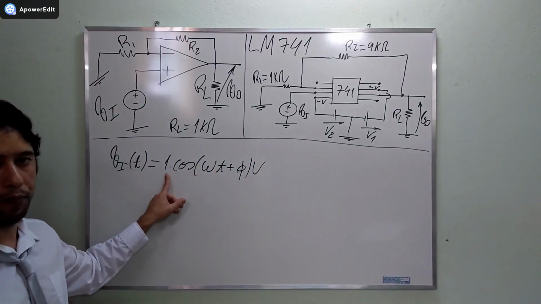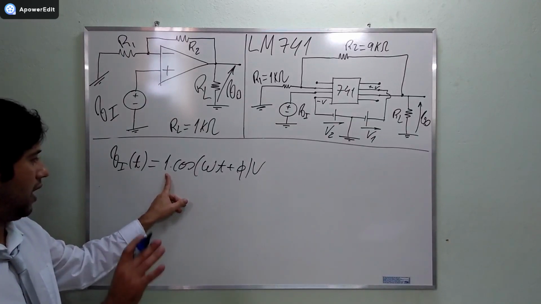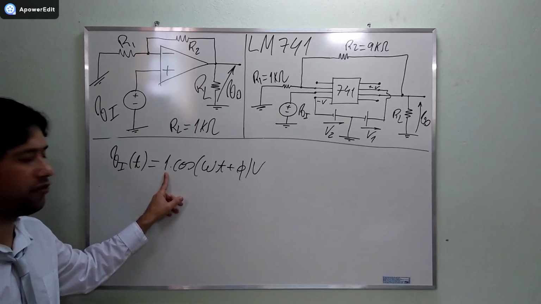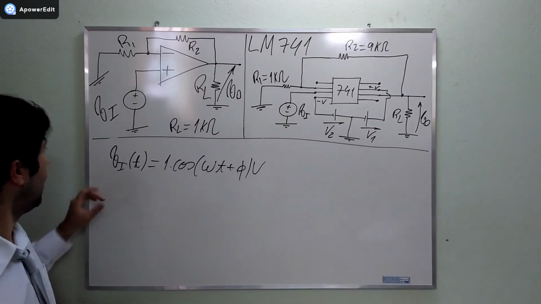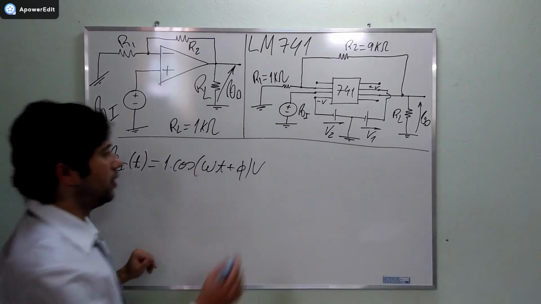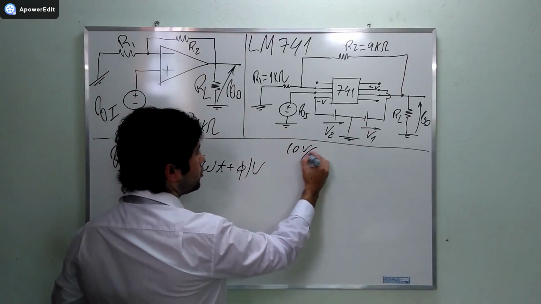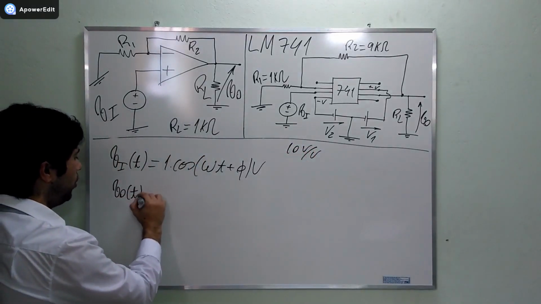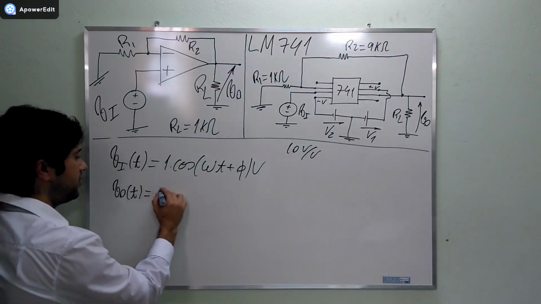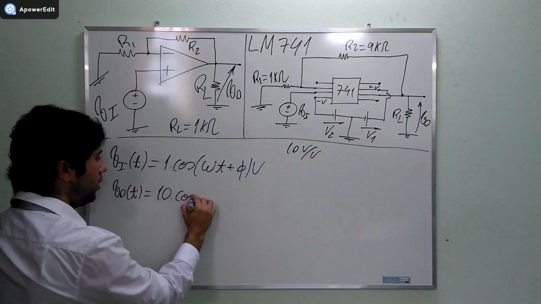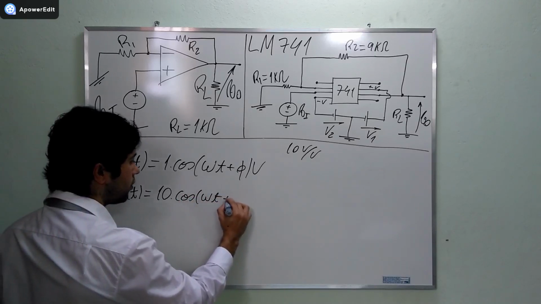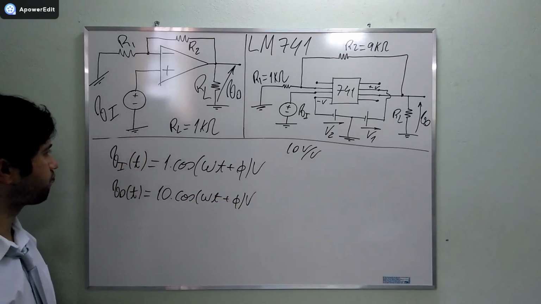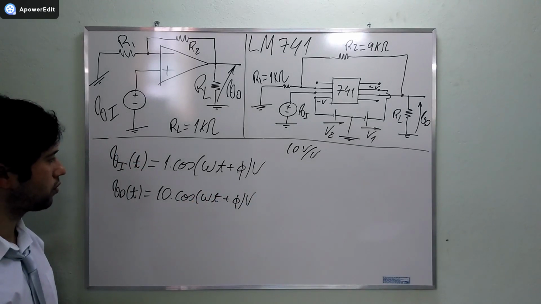What is important for us here at the moment is only the peak of the sinusoid. If the gain is 10 volts per volt, then the output voltage will be, of course, 10 times the input voltage. Alright? Very simple.